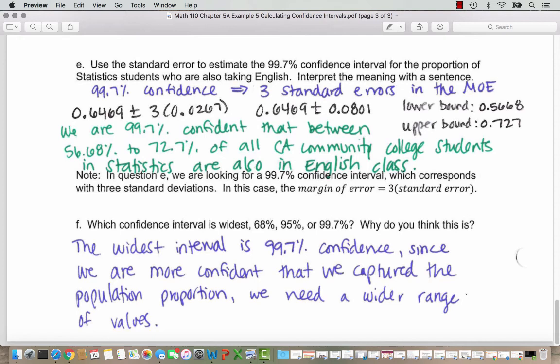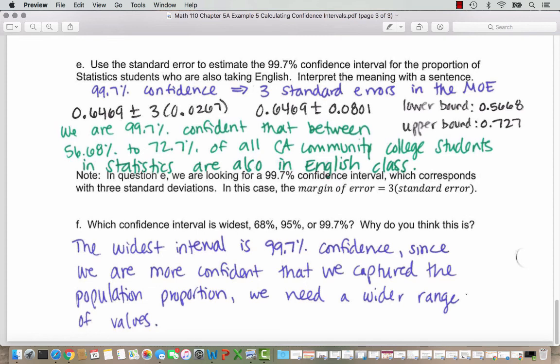So question F asks us to think about which was the widest confidence interval, the 68%, the 95% that was calculated for us, or the 99.7%. So we can see, looking from the lower bound to the upper bound, and we can subtract if we need to check, that the widest interval is the 99.7% confidence interval.